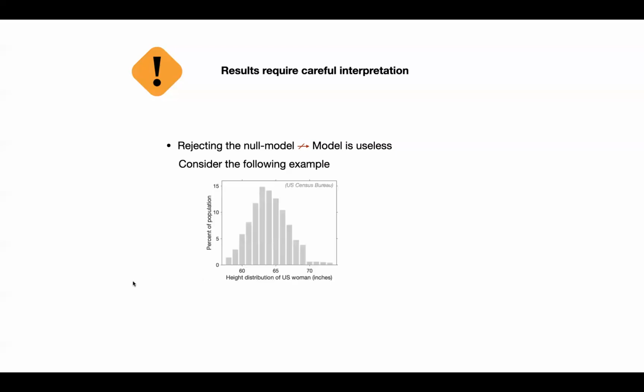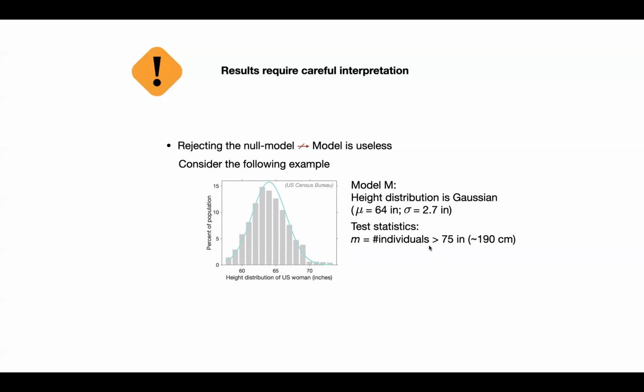And to illustrate this, I want to show you this example that reports the distribution of height in US women. So that's the distribution. If you try to test whether a univariate Gaussian distribution would be a good fit to this, you would compute a Gaussian distribution here with a mean of 64 inches, the average height of US women, and a standard deviation of 2.7 inches.